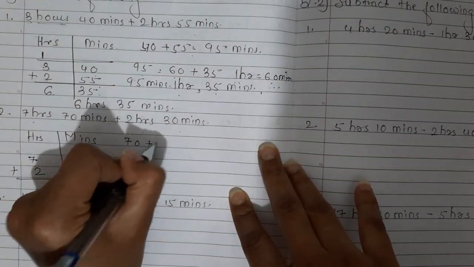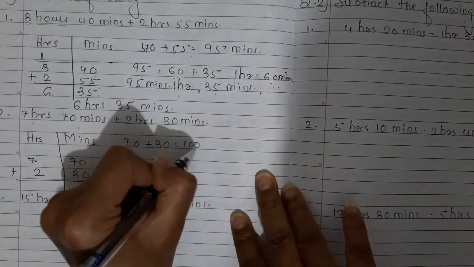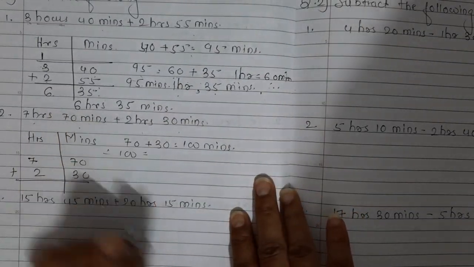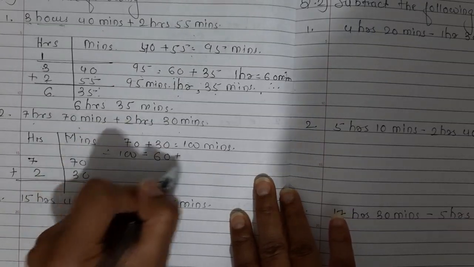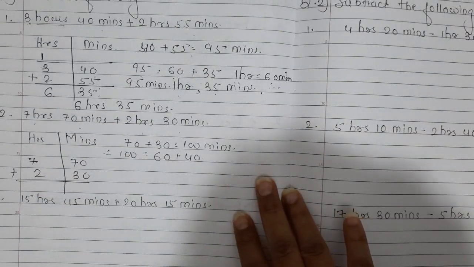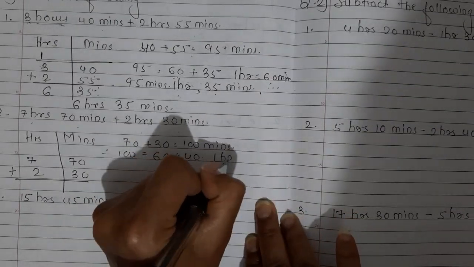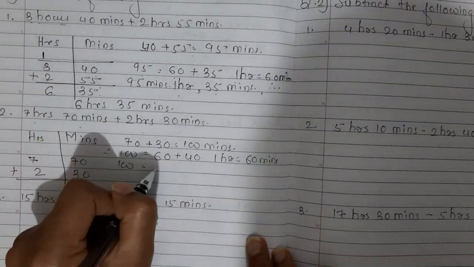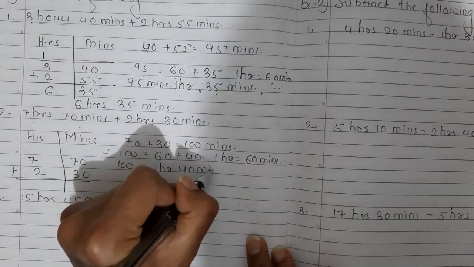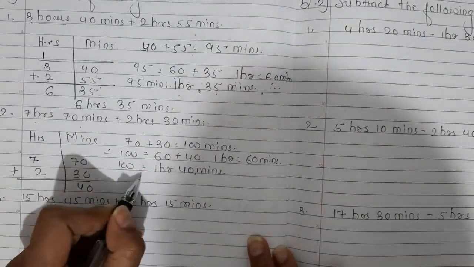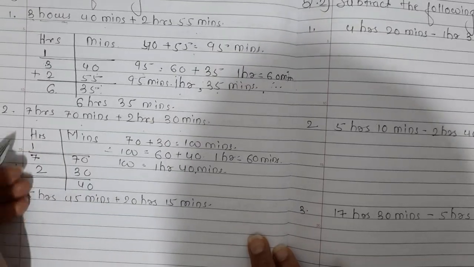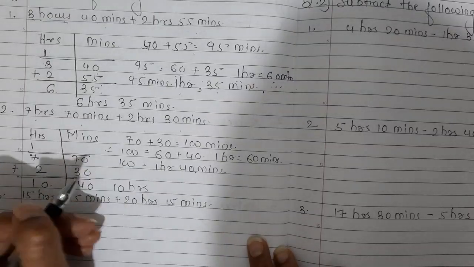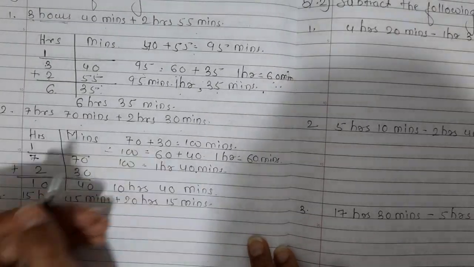Now 70 plus 30 is 100 minutes. 100 minutes is equal to 60 minutes plus 40 minutes, and you know 1 hour is equal to 60 minutes, so 100 minutes means 1 hour and 40 minutes. You will write this 40 here and take this 1 over here. 8 plus 2, 10. 10 hours, 40 minutes.